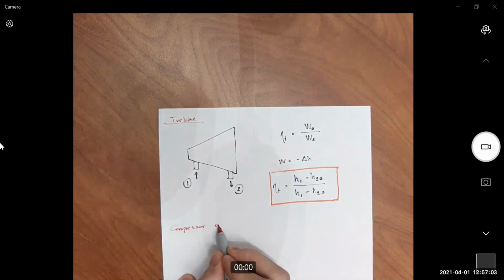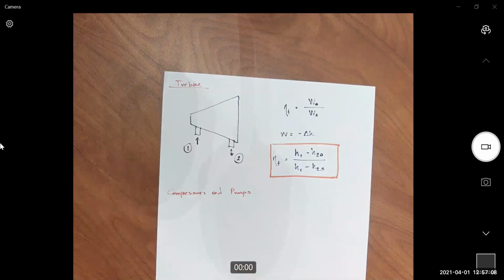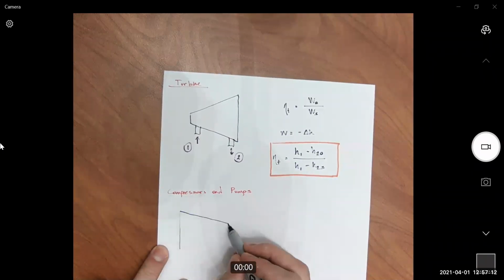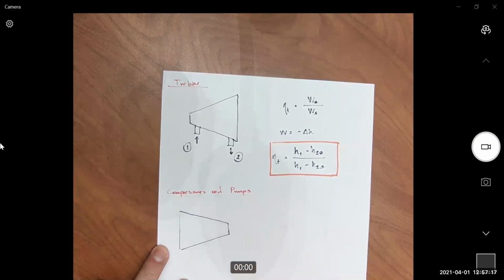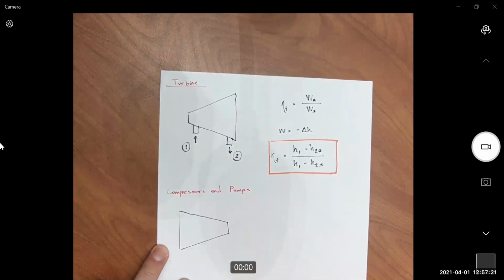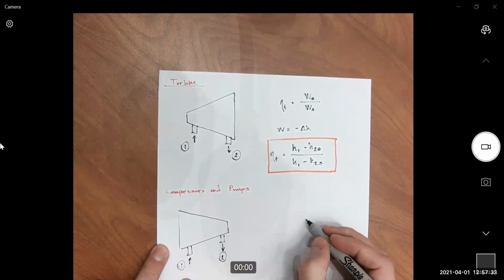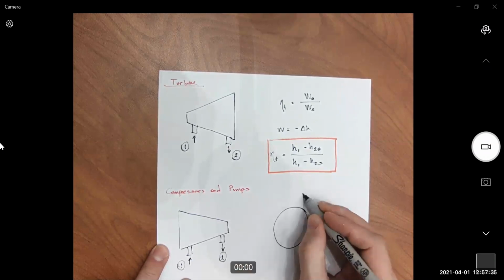Compressors and pumps are the inverse of a turbine, meaning that they consume work. In a turbine, we produce work. I will do the same thing with one inlet, one outlet for the compressor and a pump.